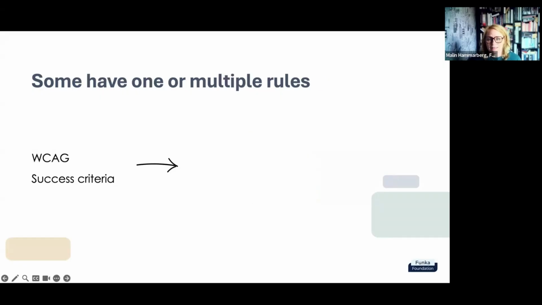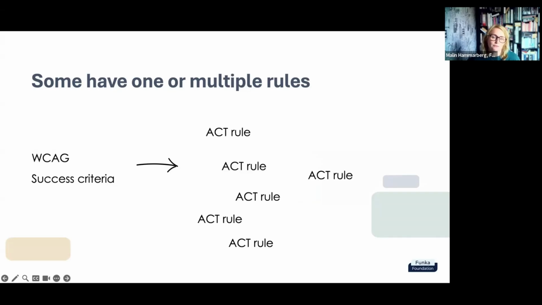On the other side, other WCAG criteria do have ACT rules. Some criteria have one rule, while others have several rules that test different aspects of the same requirement, as I showed in the example with 1.1.1 image alternatives.